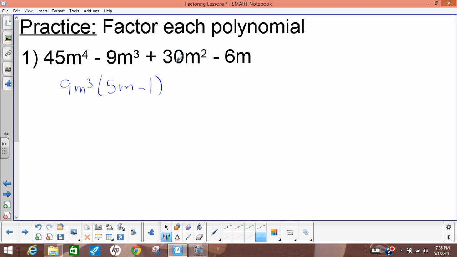And here I can factor out, sorry about that, a 6m. And I'm left with 5m minus 1. Again, I'm going to factor out the 5m minus 1.